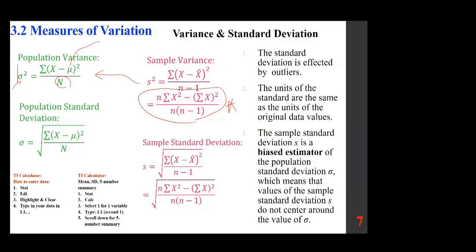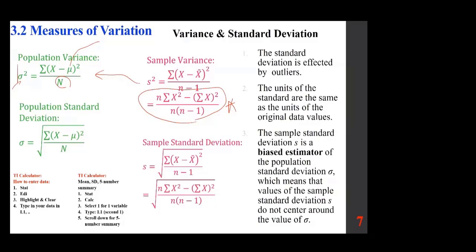Click on Stat, Edit, and you want to clear, and then type in the data in, for example, L1. Then you can check by going to Stat again, Calculate, select 1 for one variable, and the type is L1. When you want to type it, you do second 1 to type that. And you can see the summary if you scroll down.